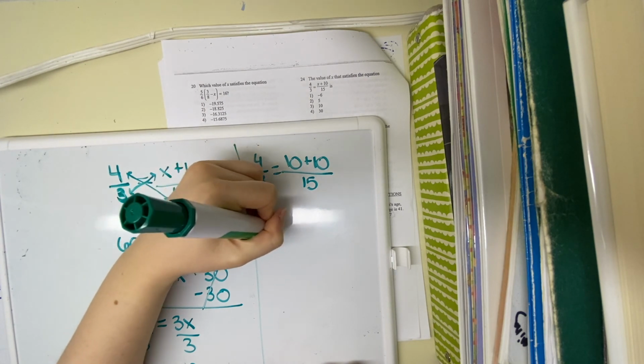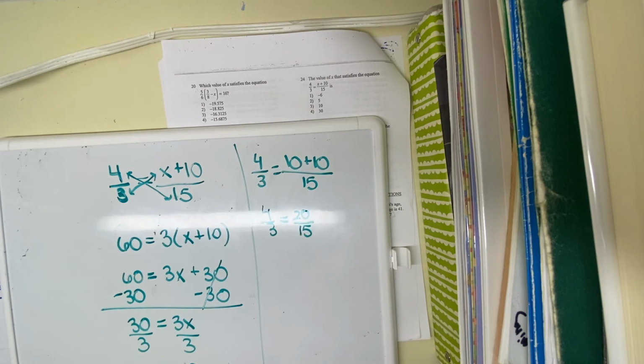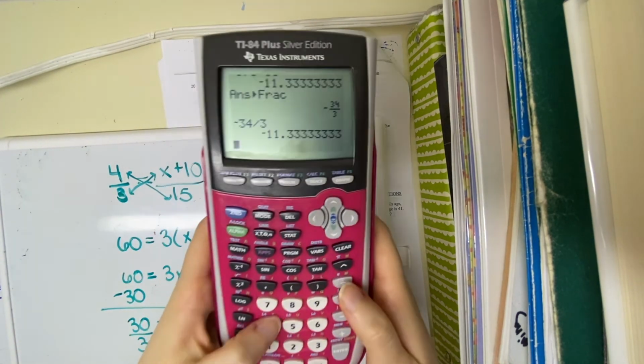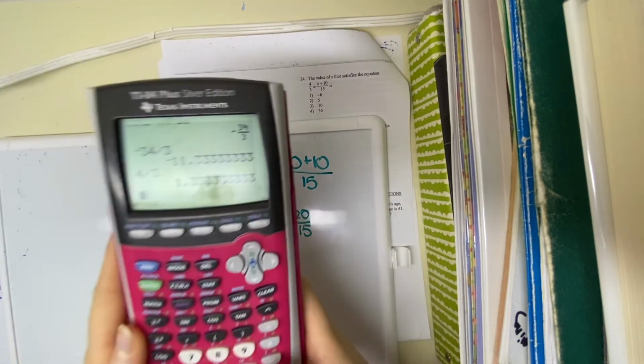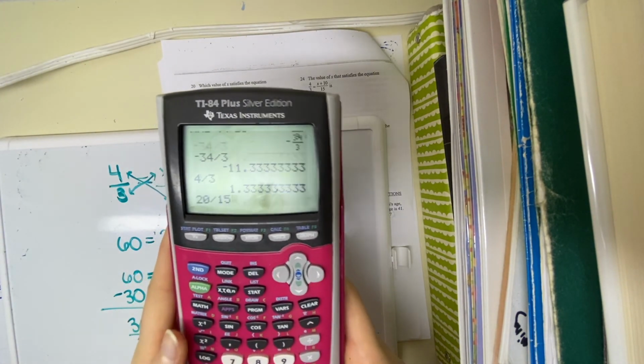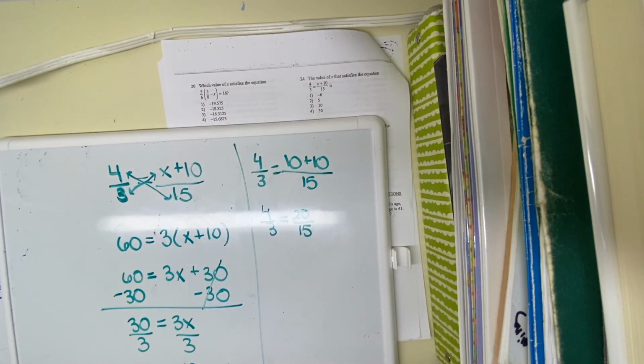So I'm saying 4/3 equals 20 over 15. And I can check that those fractions are the same either by simplifying this, or if you have trouble with that, you can just put it into the calculator. So 4 divided by 3 equals 1 1/3. 20 over 15 should also equal 1 1/3, which it does. So you know that 10 is your answer.